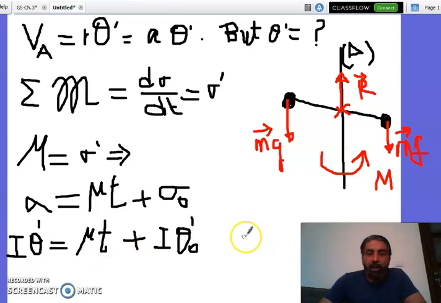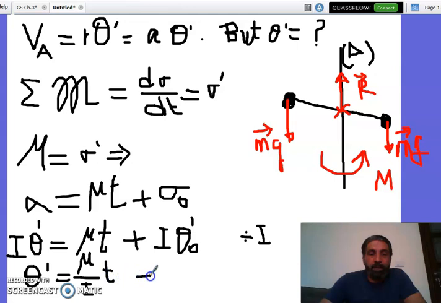Now let's divide by I. You get theta prime equals moment over I times time plus, you see it's simpler, theta prime initial. Theta prime initial is given as 5, and this is 0.08, this is 5, etc.